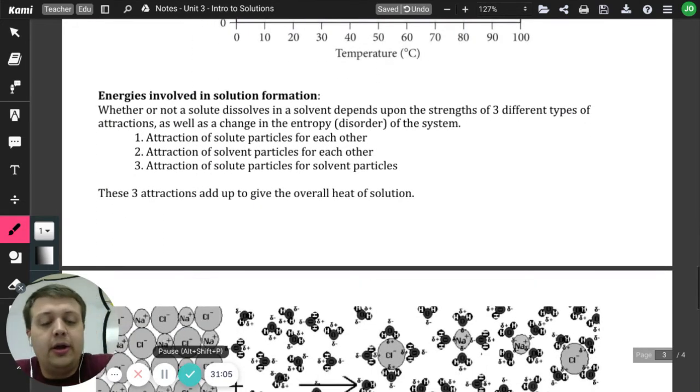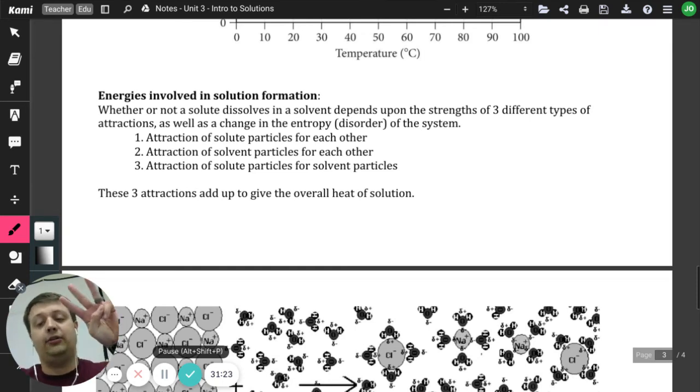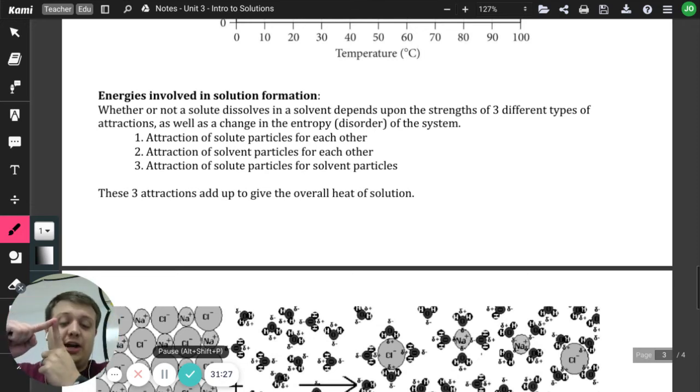Okay, now, almost through our notes on solubility and solutions, so let's take a look at this. Energy's involved in solution formation. Whether or not a solute dissolves in a solvent depends on three big things with our intermolecular forces. First off, the attraction of the solute particles to one another.